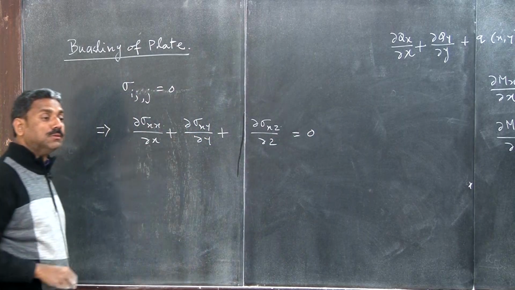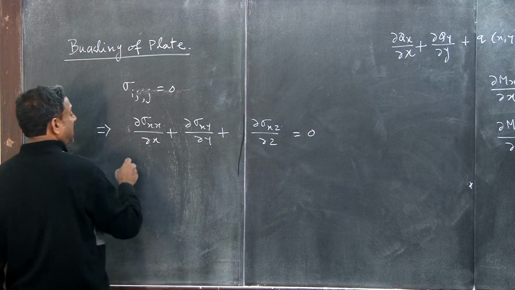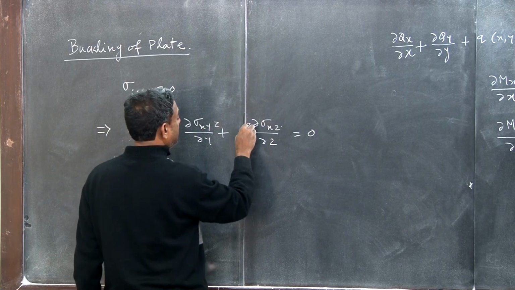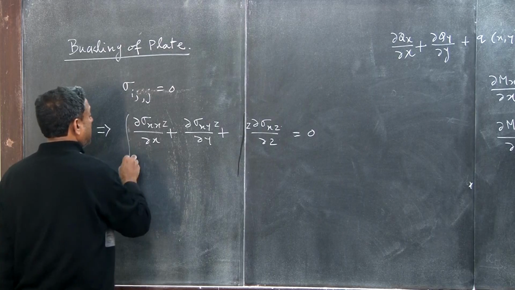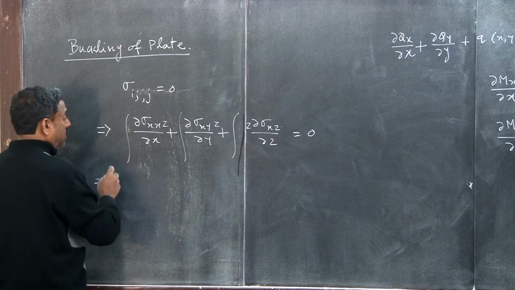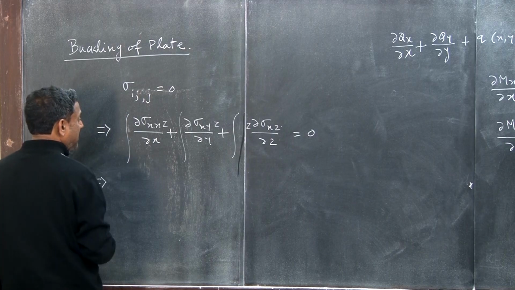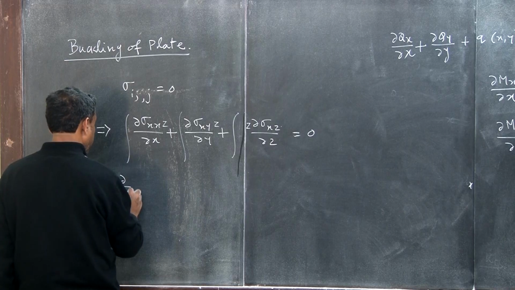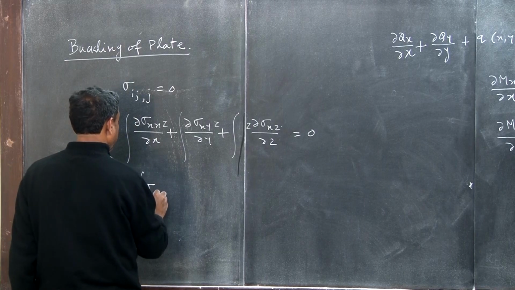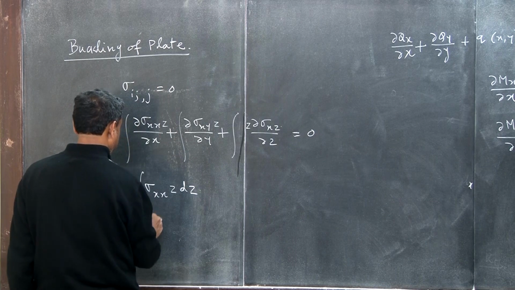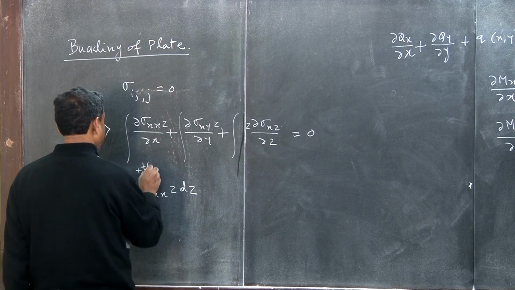Okay. Now, multiply that with z and integrate it over z. When you are integrating it, you take del by del x of the integration of sigma xx z dz from minus t by 2 to plus t by 2.